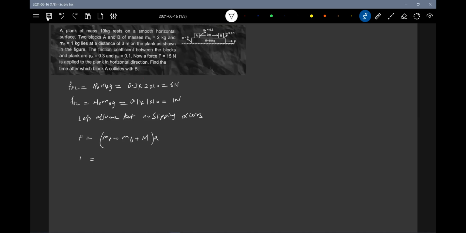The applied force is 15 Newton. Mass of block A is 2 kg, mass of block B is 1, mass of the plank is 10. So a is 15 by 13 meter per second square.